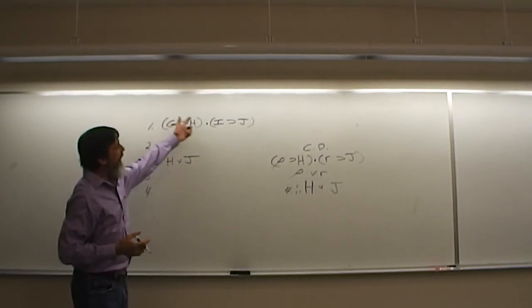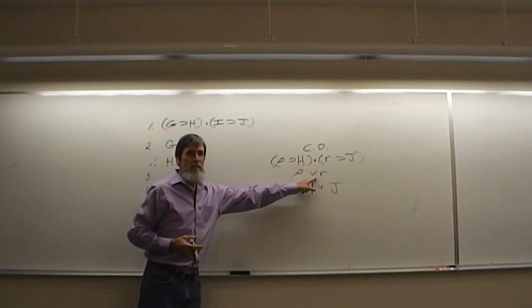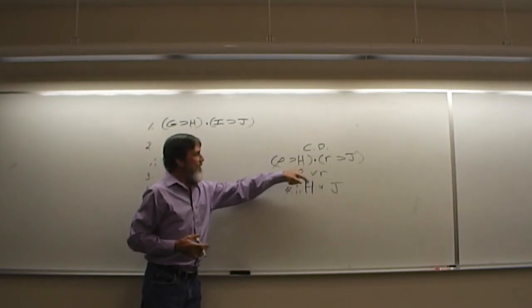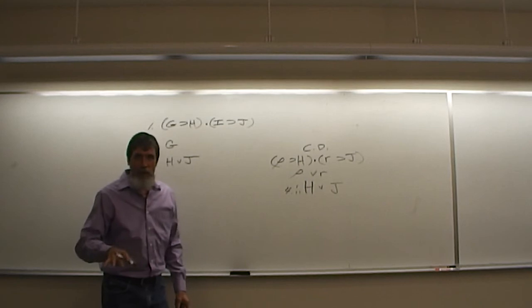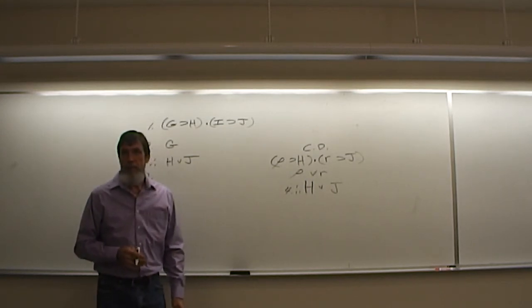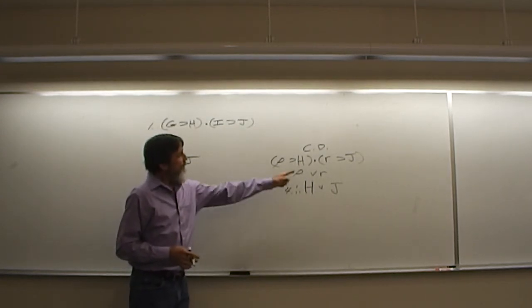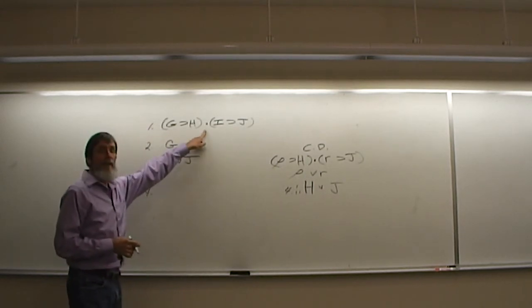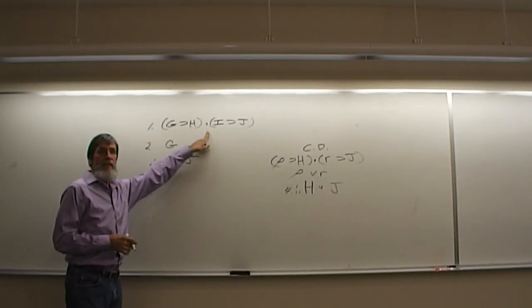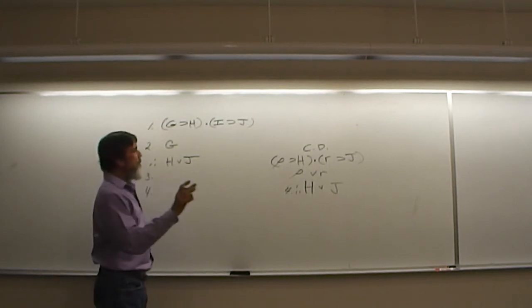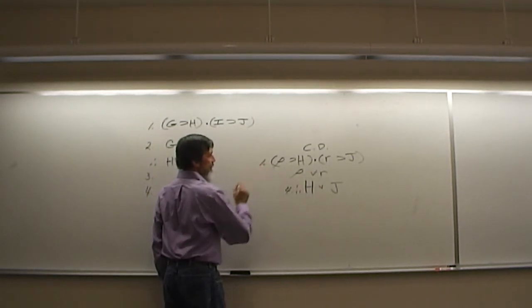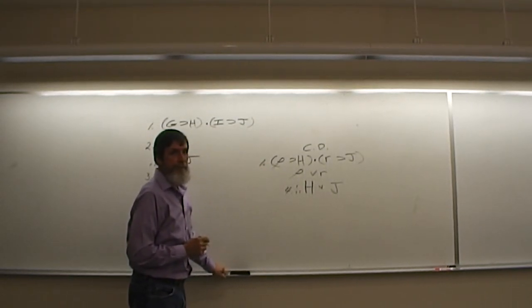Well, we don't even have a wedge. So right at this point, we have no idea what the second premise has to look like. We do have a conjunction of two horseshoes right here. So we'll assume that line 1 is going to be that first premise.